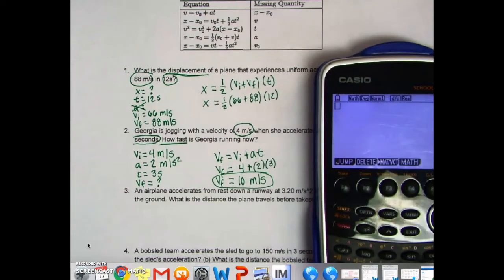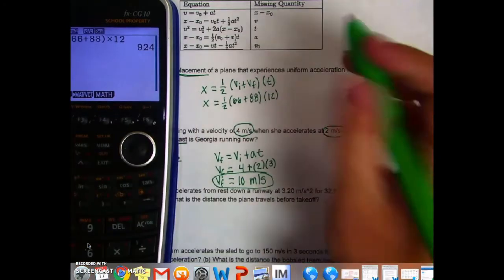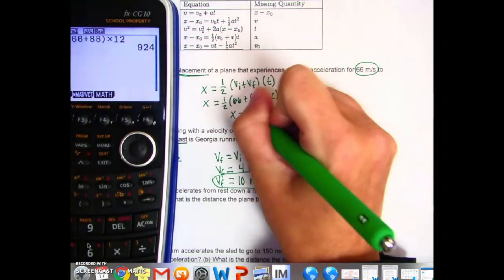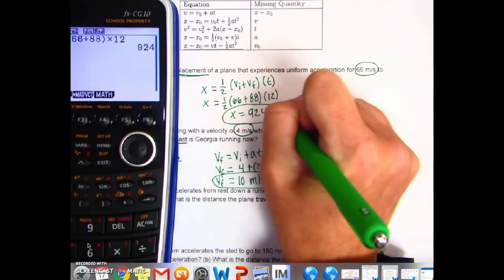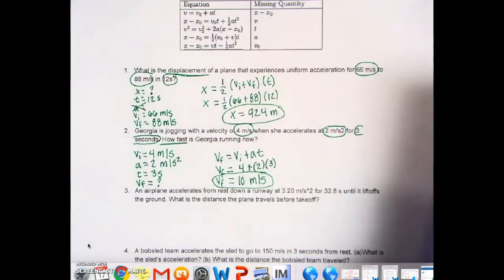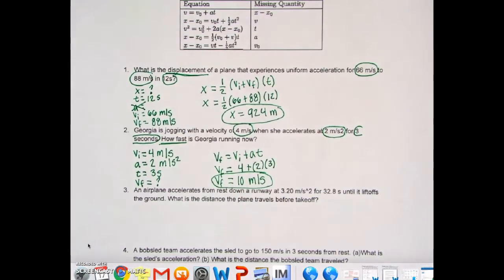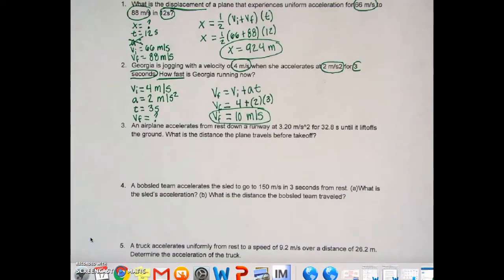So I'm just going to do 0.5 times 66 plus 88 times 12, and we get 924 meters.